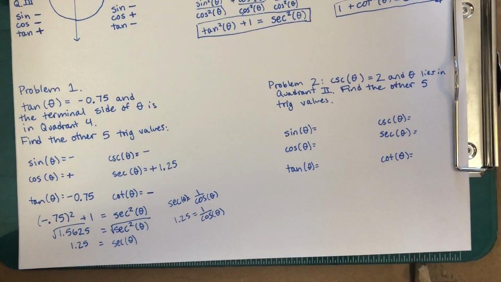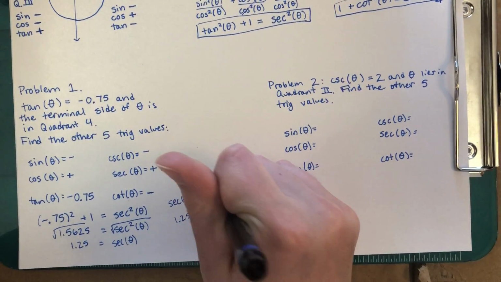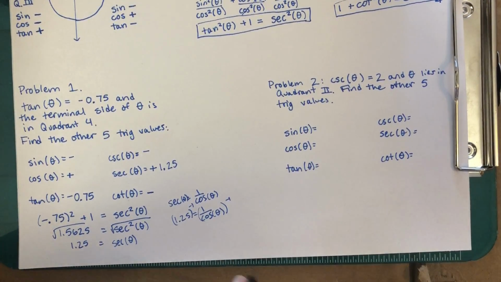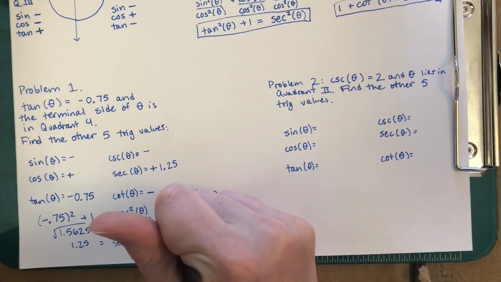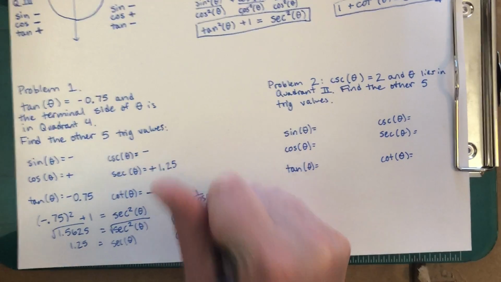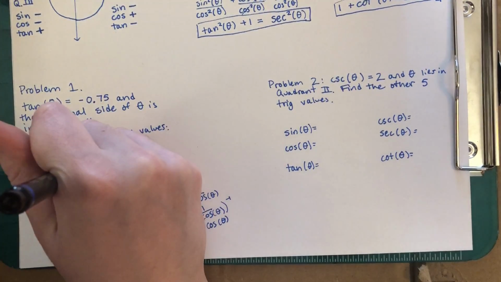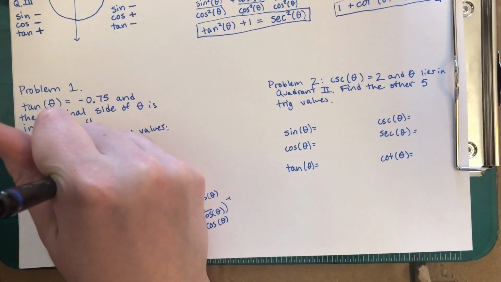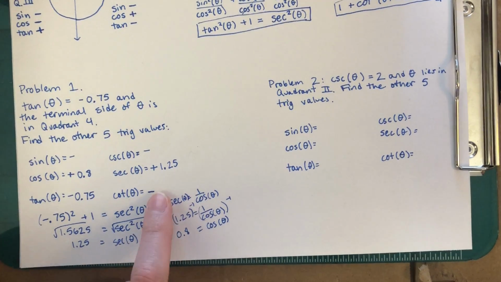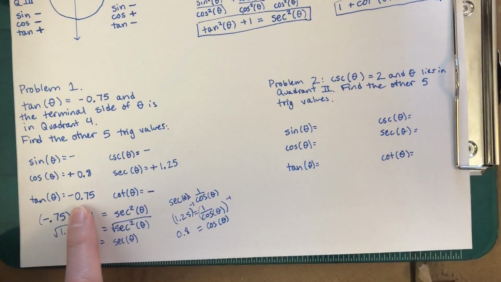So there's more than one way to solve this equation, but when you have 1 over, one easy way is to just raise both sides to the -1, and I'll get 0.8 equals cosine of theta. So cosine is 0.8. Okay. We can keep going. I know that cotangent is 1 over tangent.